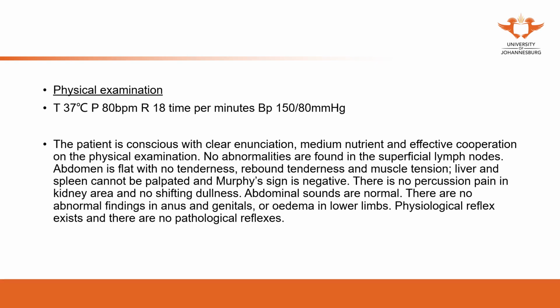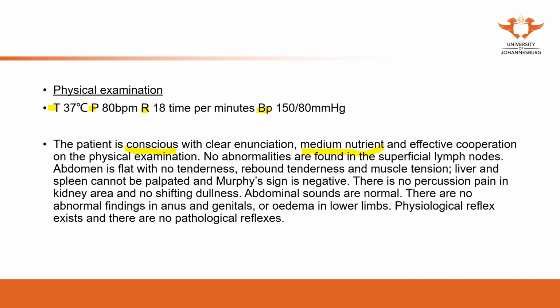In the section of the physical examination, we need to keep the body temperature, the heart rate, the breathing rate, and blood pressure at the first line. From the second line, you need to describe briefly the patient's consciousness.